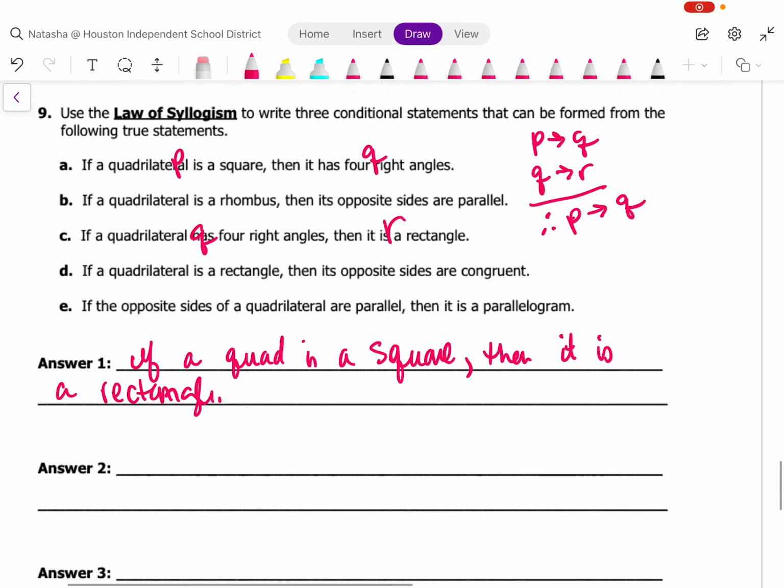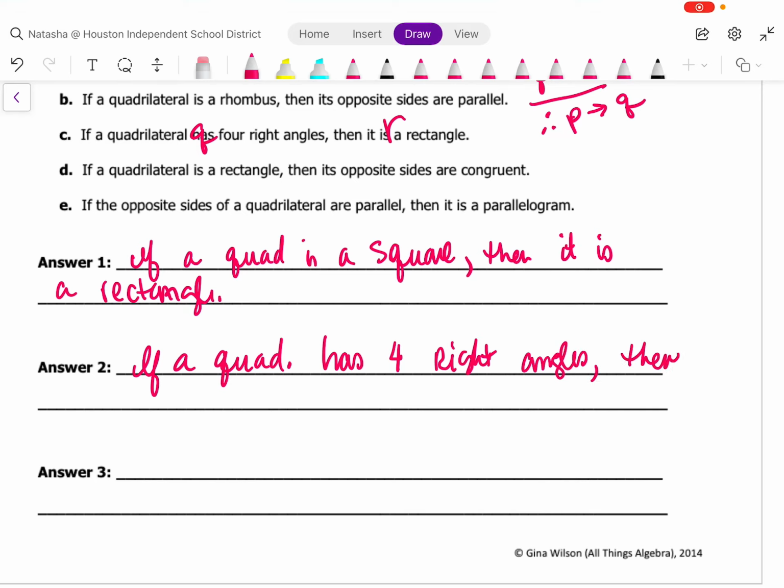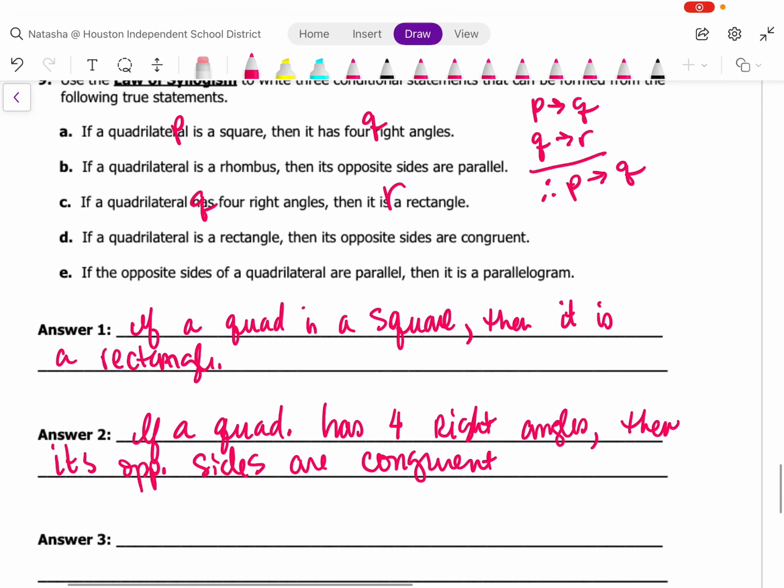So we have P, so because we're writing a conclusion statement, we can write if a quadrilateral has 4 right angles, then its opposite sides are congruent.